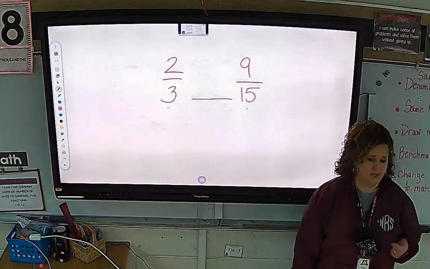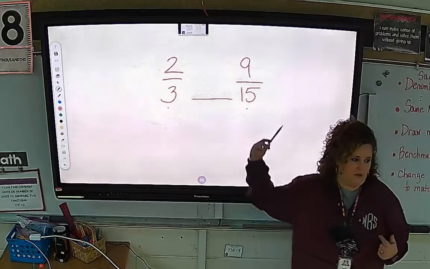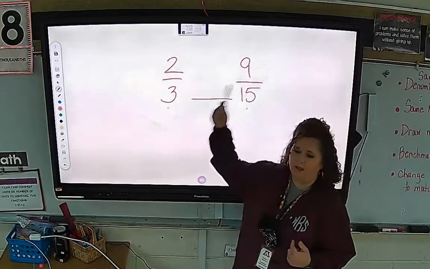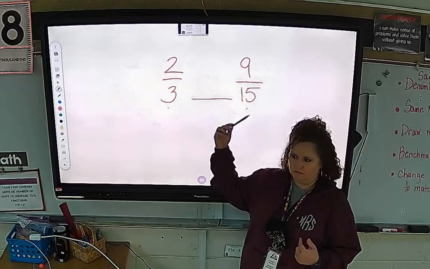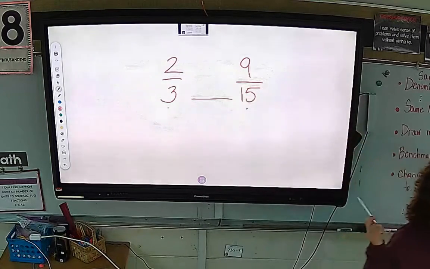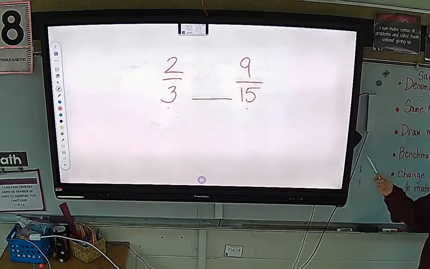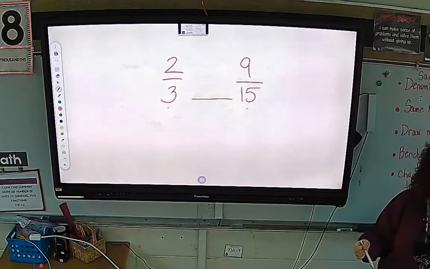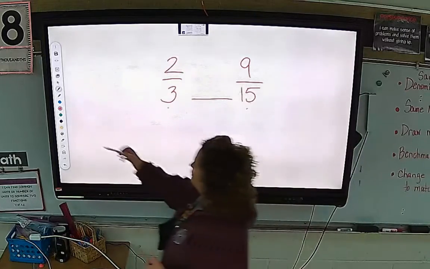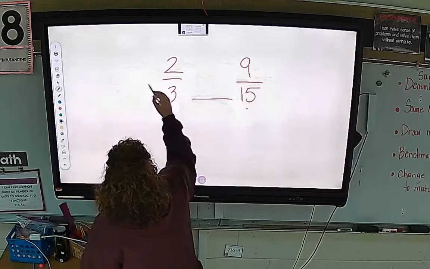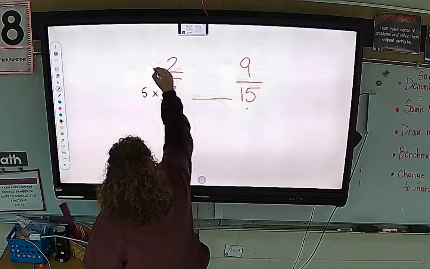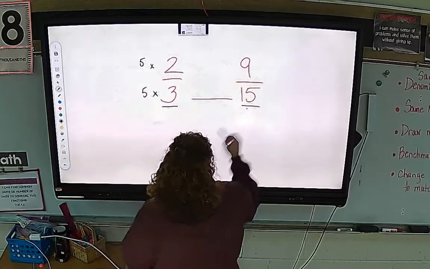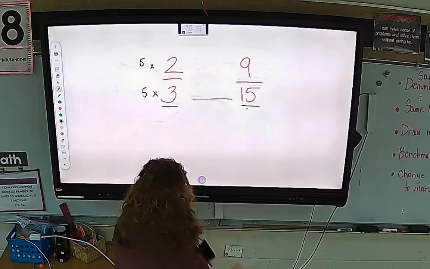Guys, there's going to come a time where you can't turn one of these into the other because there's nothing to multiply by that will get you there. But is there this time? Faith, is there something that I can multiply the 3 by to get 15? Yeah, 5. You're exactly right. So we're going to multiply both the numerator and the denominator by 5 because I recognize that 3 and 15 are part of that fact family.